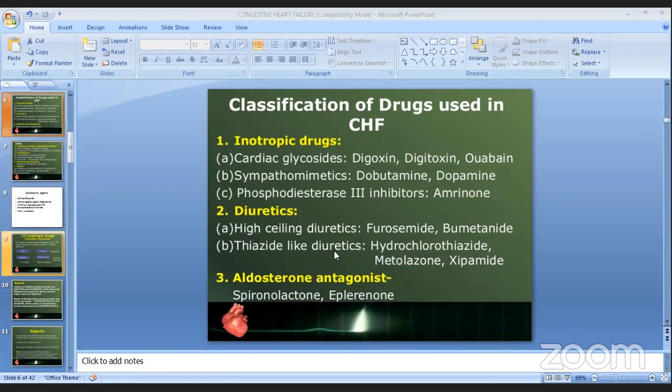These are the thiazide diuretics. These drugs can also be used in CHF.